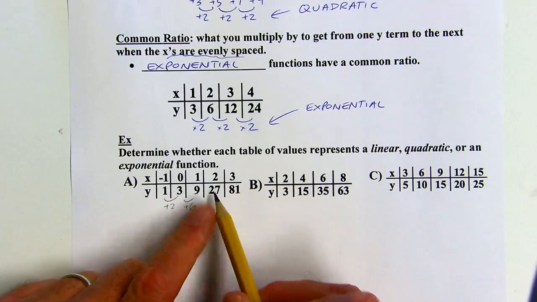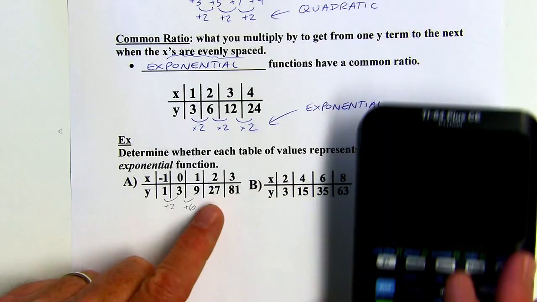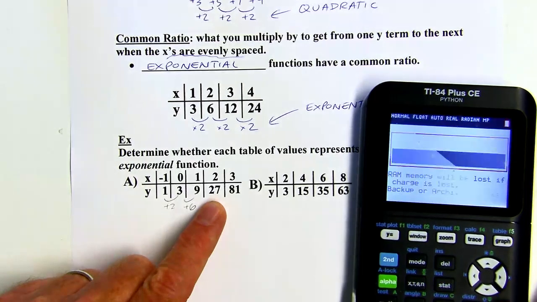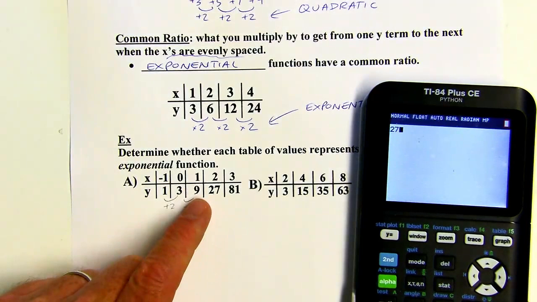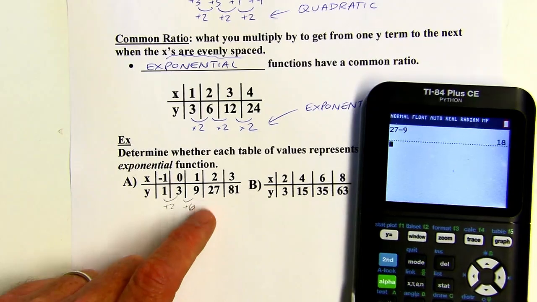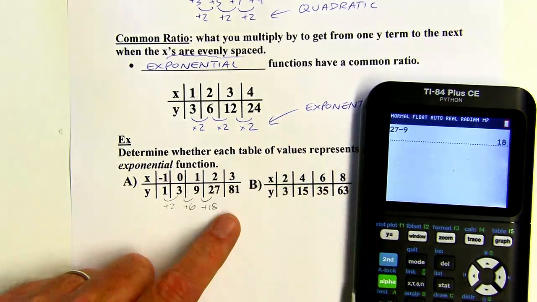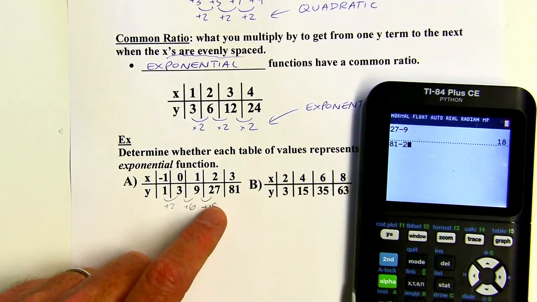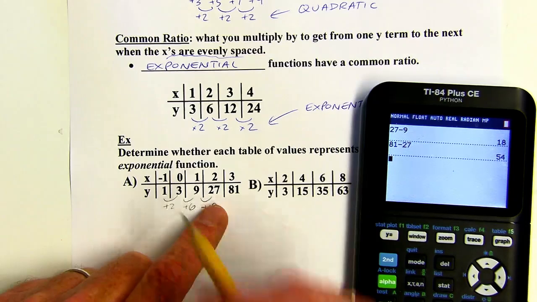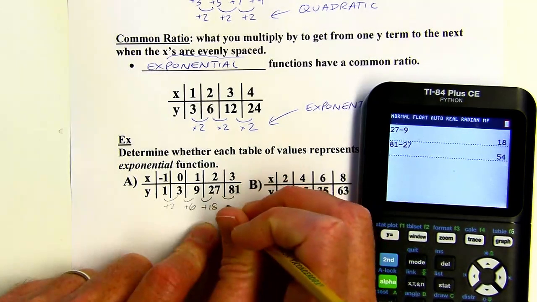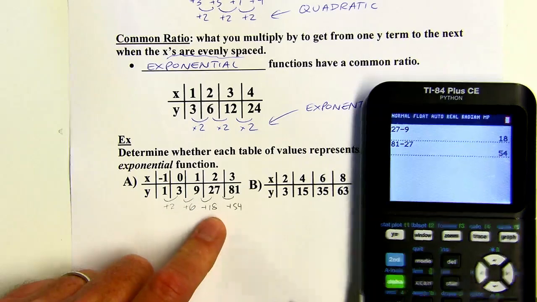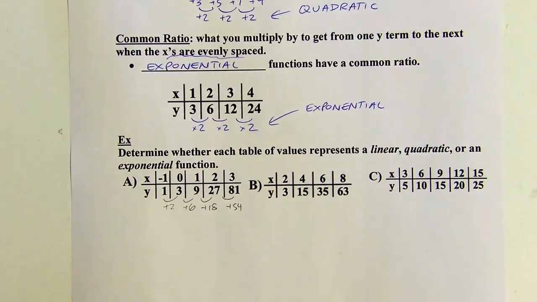I'm thinking 9 plus something is 27. Take the 27 and subtract the previous term from it, and that tells you 9 plus 18. And then I can do 81 minus 27, which tells me 27 plus something equals 81. So it's not linear because those first differences weren't the same.